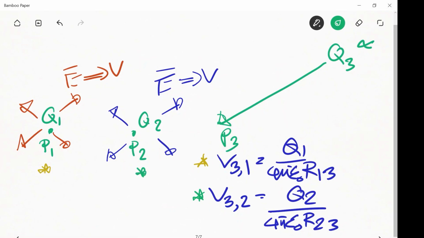Our charge is Q3, so we multiply by Q3. This is the work required to move Q3 from infinity to point P3.